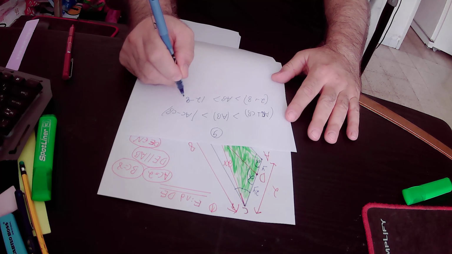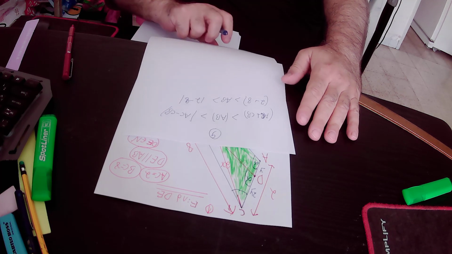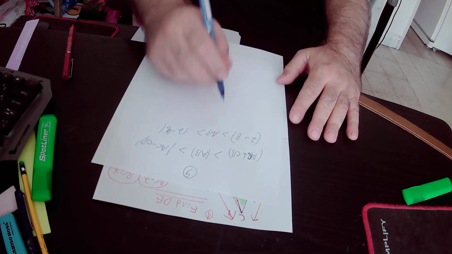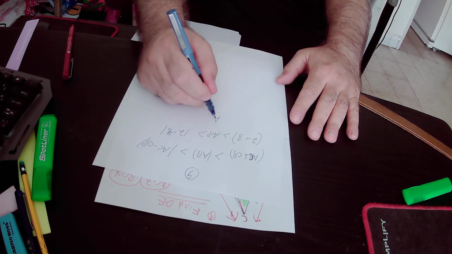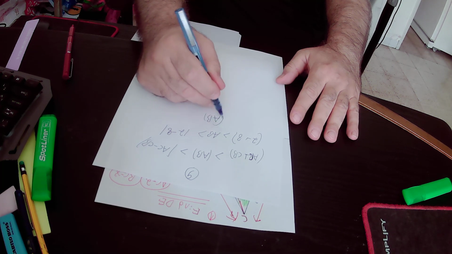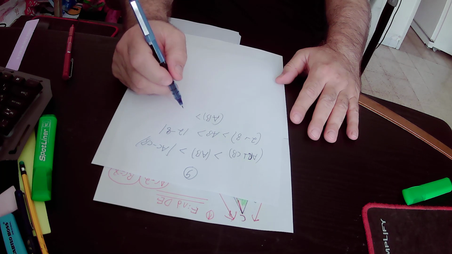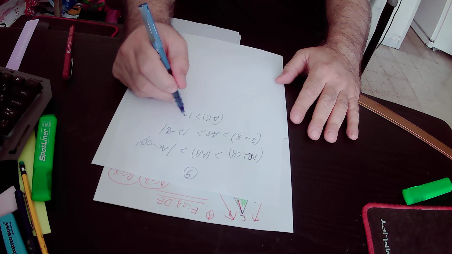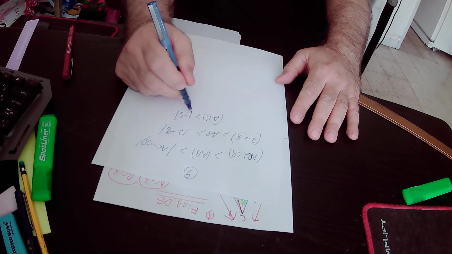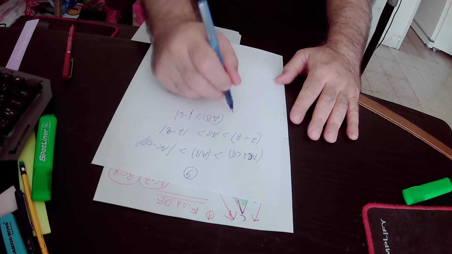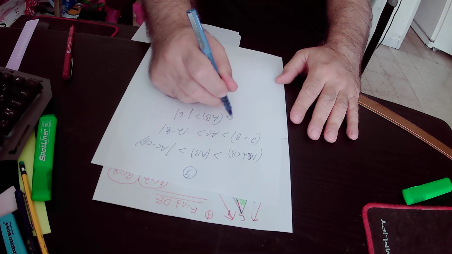So AB is greater than the absolute value of minus 6, and it is smaller than 2 plus 8, that is 10.